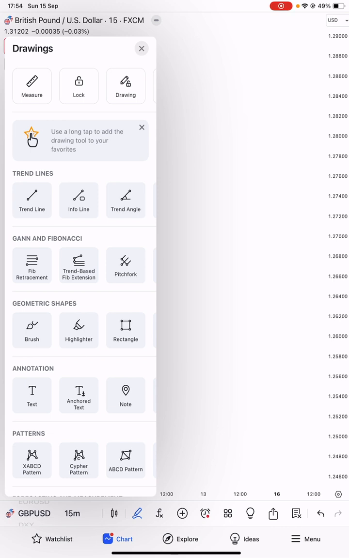So choose a candle you want to trade. Anticipate that candle's bias, so the most likely direction and shape of that candle. Once you have that, let's say you want to trade a monthly candle and you are bullish for that monthly candle.